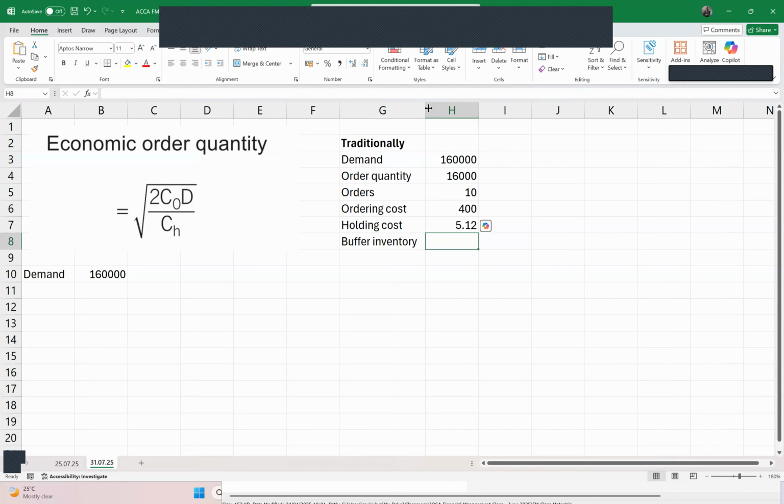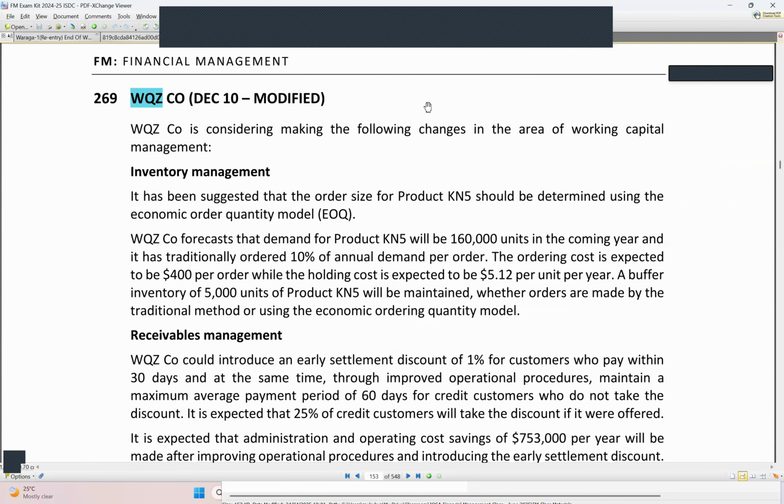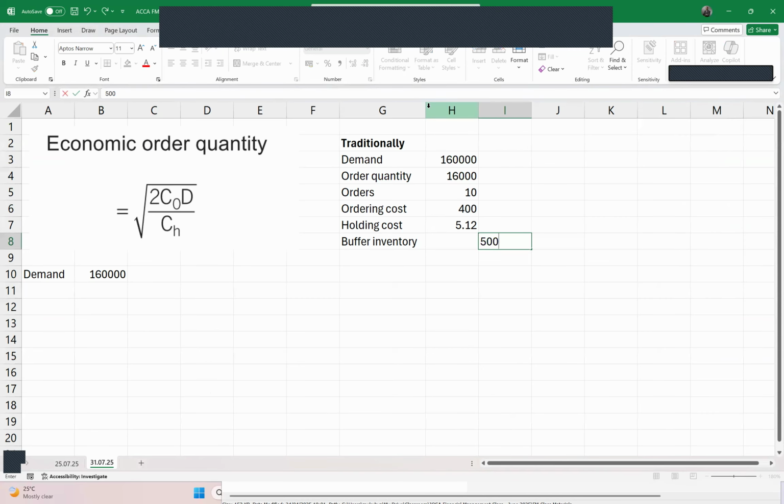So instead of ordering when you run out, you create what we call buffer inventory, such that you always order once you reach that level. In this case, they have told us it's 5,000. It means that once I reach 5,000, I order. Or you always have 5,000 units there in case you run out, so you use them while your order is coming.